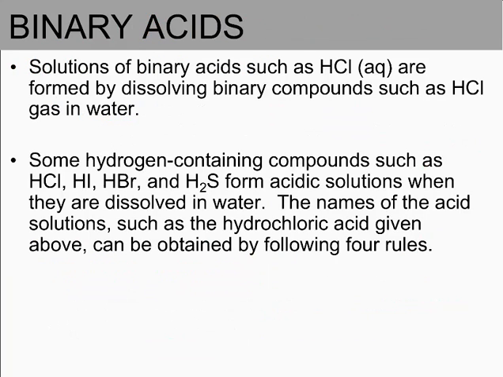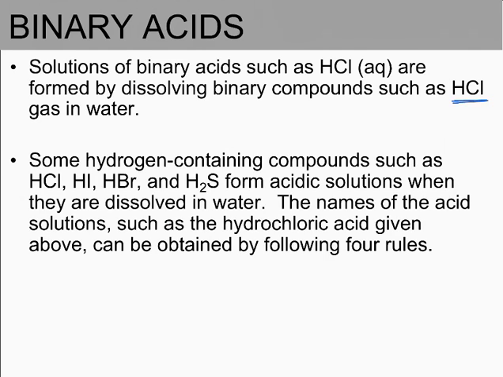All right, so let's talk a little bit more about acids because there are a lot of different acids out there. So one type of acid is called a binary acid. So binary acids like hydrochloric acid, HCl, those are formed by dissolving the gas in water. So if we have gaseous HCl, we can put that in water and that will form an acid. Now the term binary is just referencing the fact that there are only two atoms in the acid.